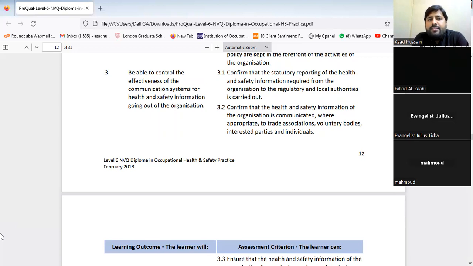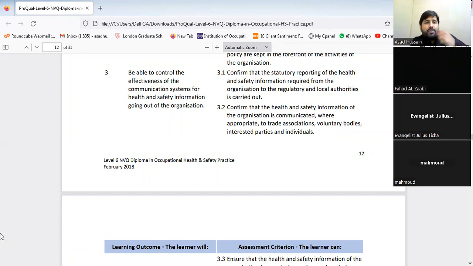So it is saying that you are using some communication system for the information going out of the organization. For this purpose, he is asking that you should be able to control the effectiveness.